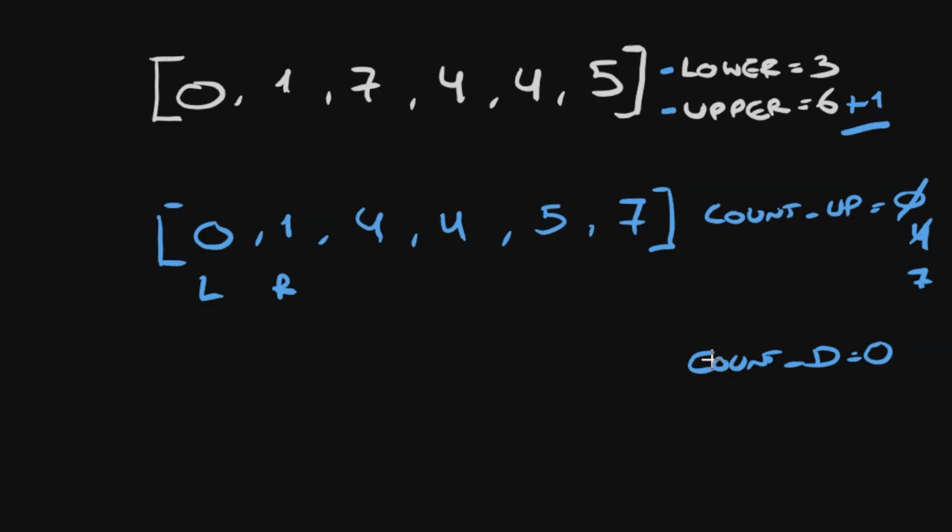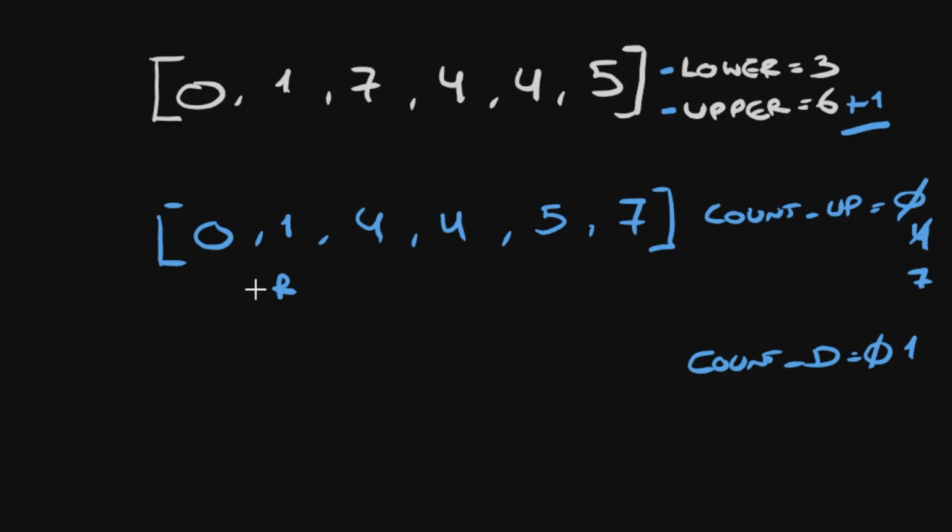What this means is we need to add to our variable count down every valid pair up to the target. So we are adding r minus l pairs, which is the same as 1 minus 0 pairs. So this is now 1.